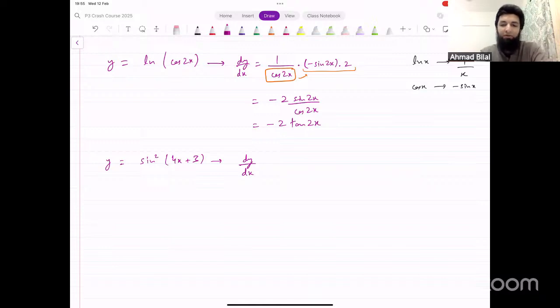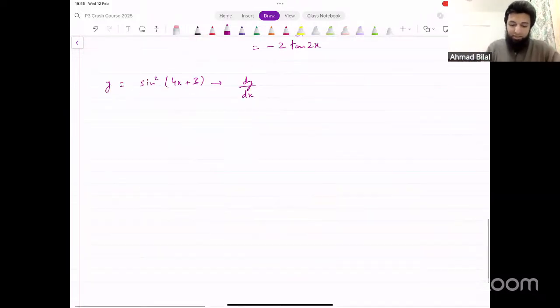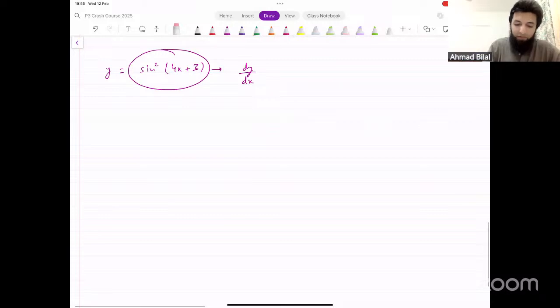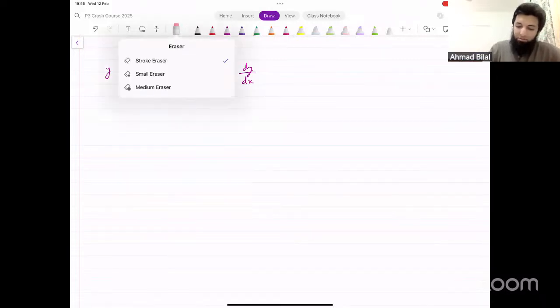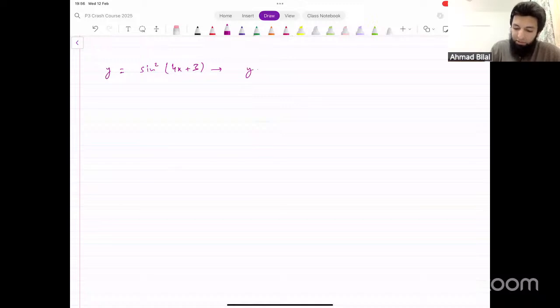What's the outer function? Is power the outer function or sine the outer function? Sine or power? Remember, this is just a short way of writing. We discussed this earlier in trigonometry. The actual mathematical function is sine of 4x plus 3, whole squared.